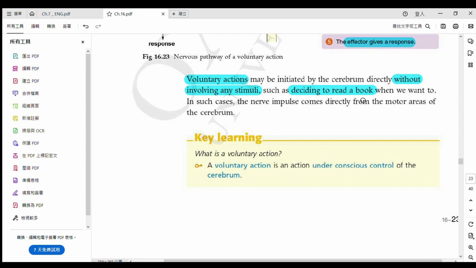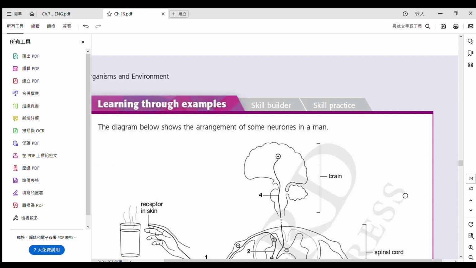The answer is also no. So therefore, we are going to use the motor area. The nerve impulse will be transmitted directly from the motor area of the cerebrum to your effector, which is your muscles.